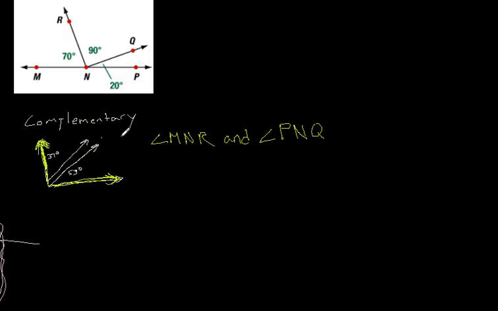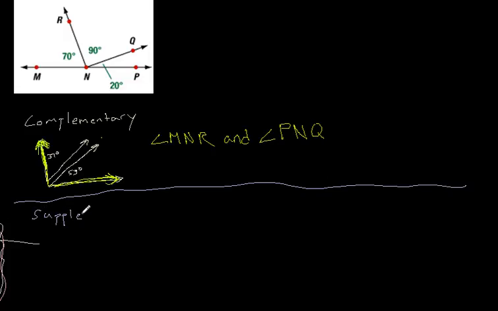And let's take a look at supplementary angles here. Just gonna separate these out and say, hey, supplementary angles are two angles put together that form 180 degrees. I misspelled that. So let me just show you real quick what I'm saying here.